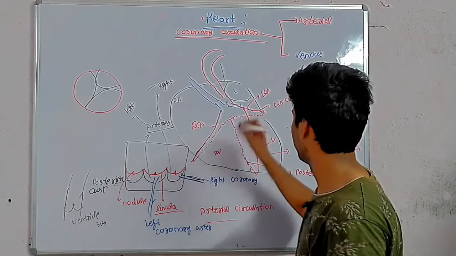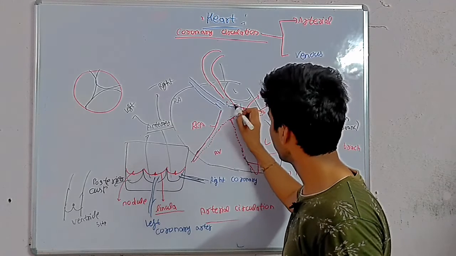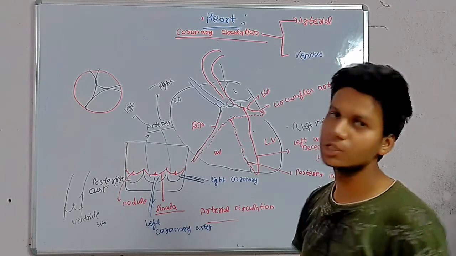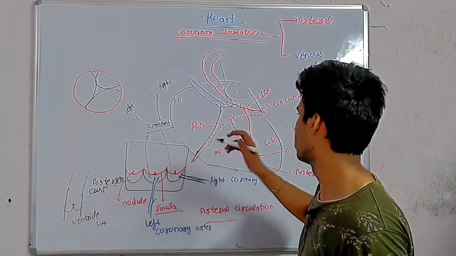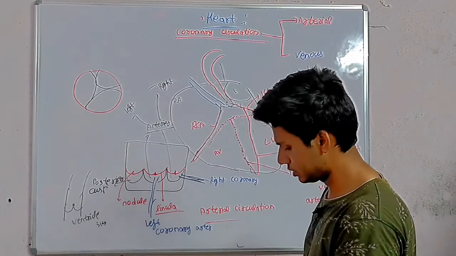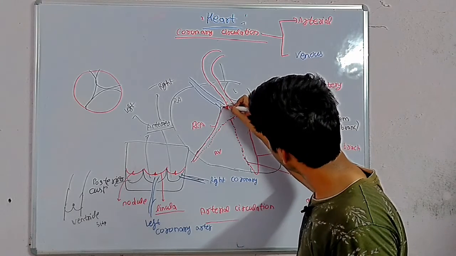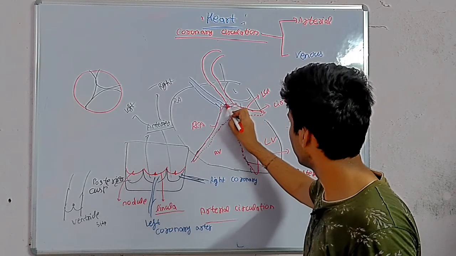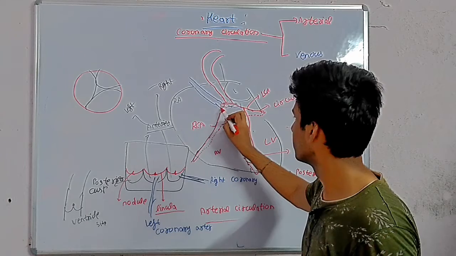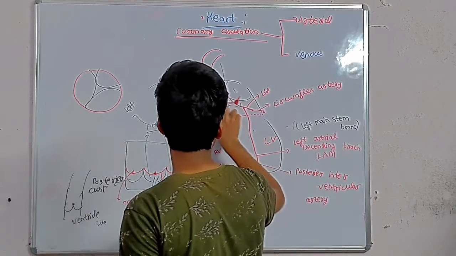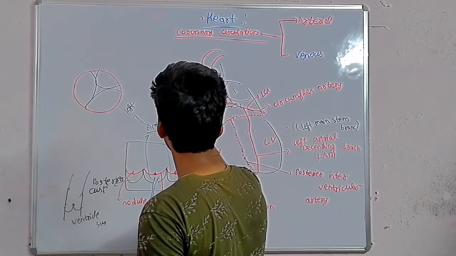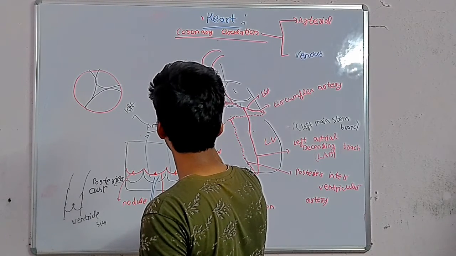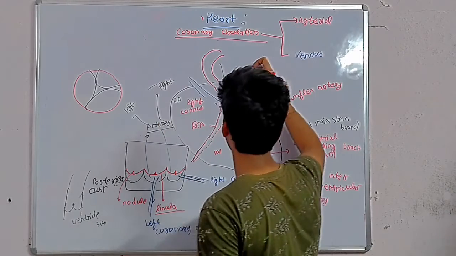These are the branches of the left coronary artery and the right coronary artery. And this is the aorta. These are the emerging parts. The right branch is called the right conus branch, and this is called the left conus branch.